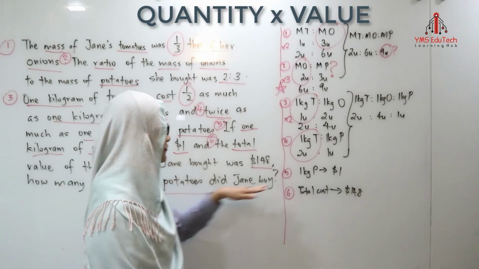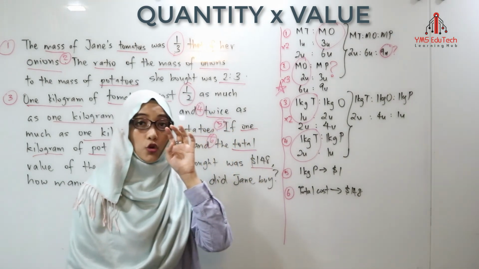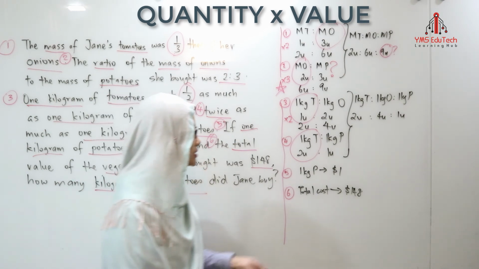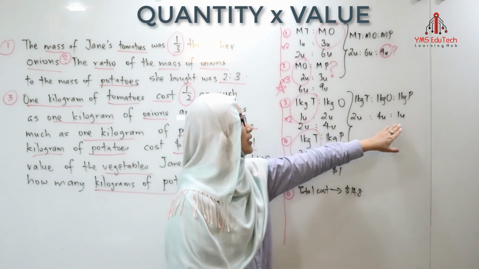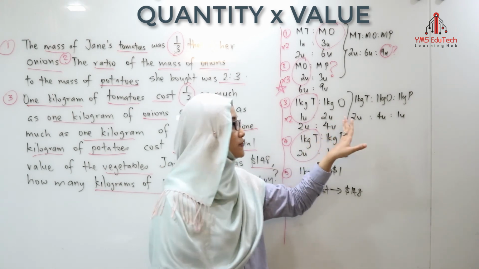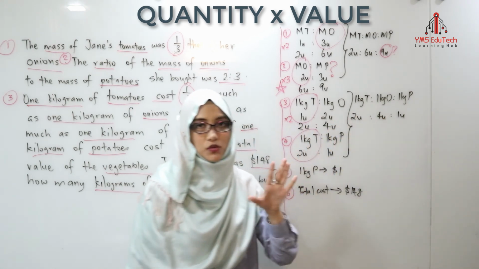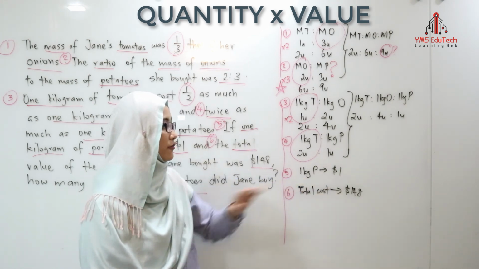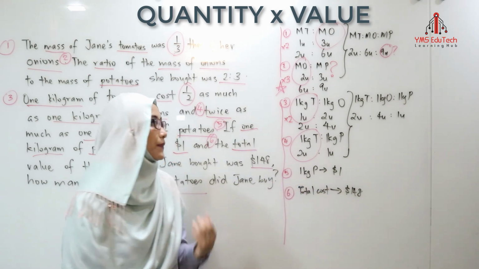Next, information number 5 states 1 kilogram potatoes is $1. Over here I have the cost of 1 kilogram of tomatoes, onions, and potatoes in terms of units.